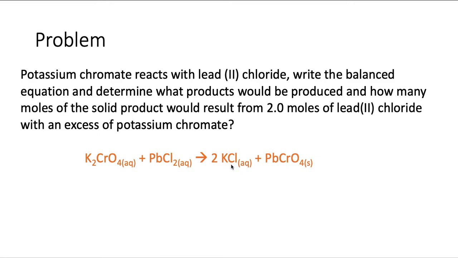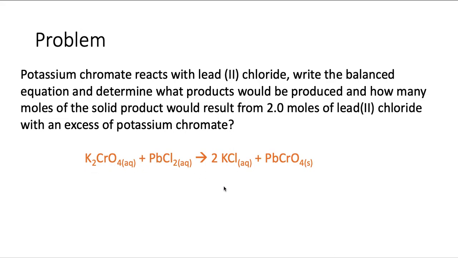Those subscripts are only used if I'm manipulating one element at a time. Like here, for example, I just need to manipulate potassium to balance the charge, so I put the 2 here. If I do a 2 up front here, then I get 2 for potassium and 2 for the chromate. So I can't do that.